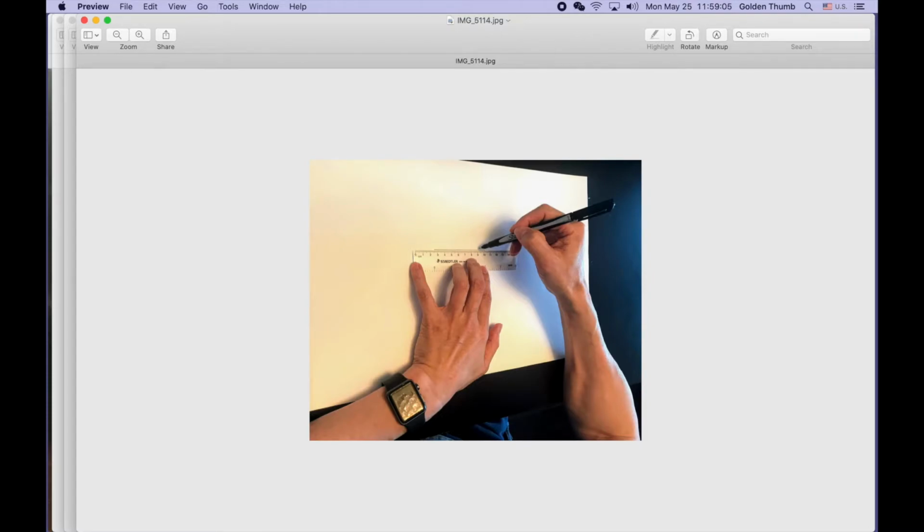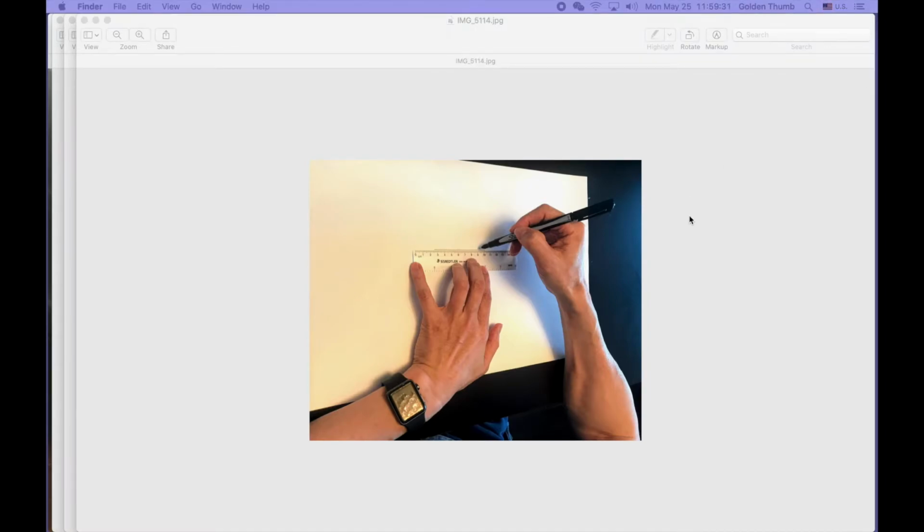Maybe flip it, okay? Use your left hand's fingers to hold the straight edge firmly. And then use your right hand to draw the line gently. Very important, gently.